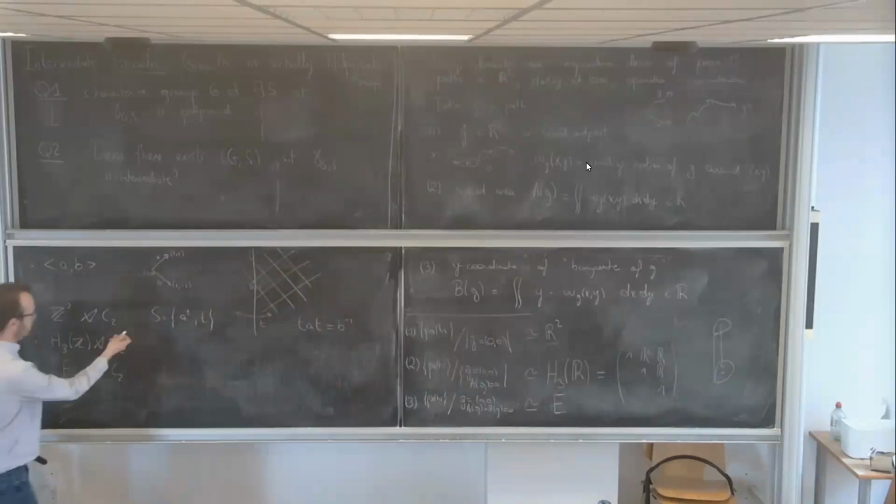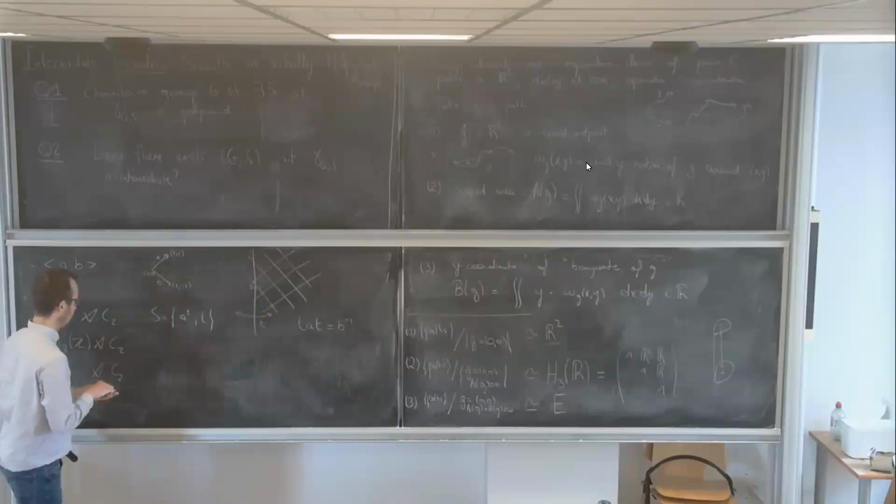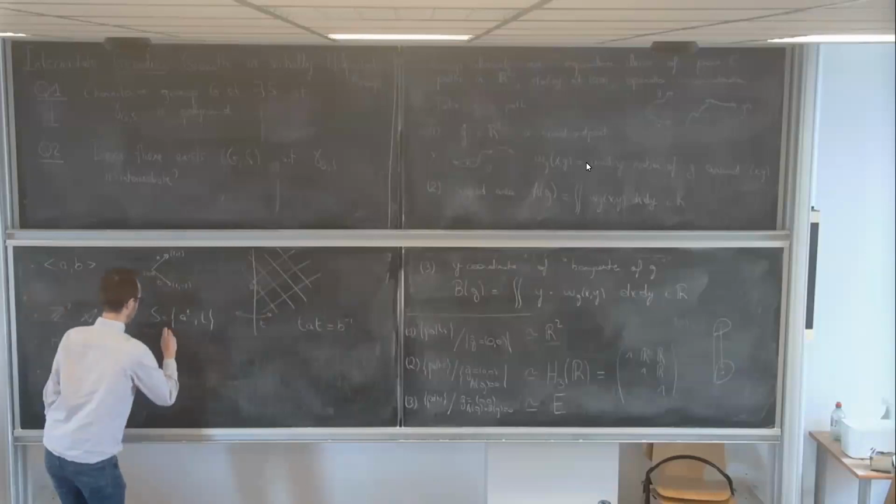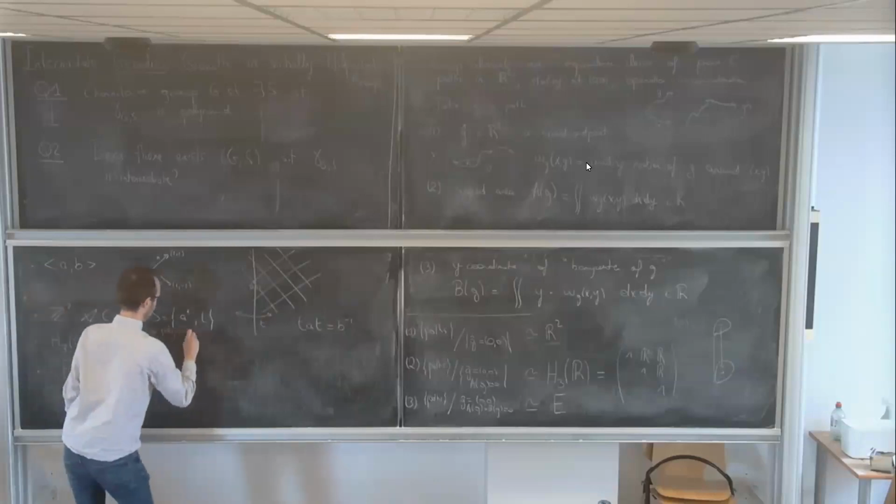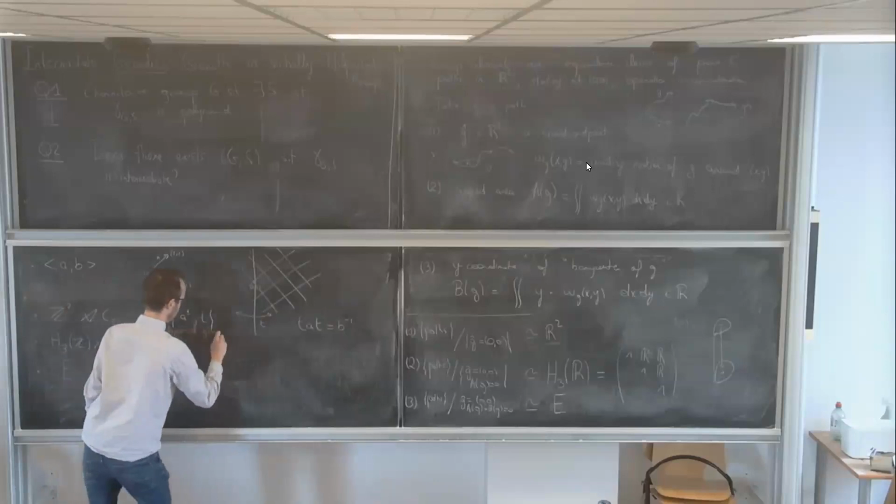So this is a generating set for this group, and then for this thing you get polynomial growth.